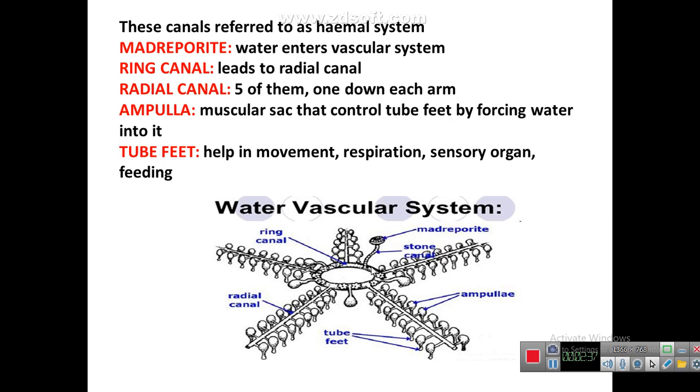From the stone canal, water will enter into the ring canal. From the ring canal, the canal moving into these arms is known as the radial canal. Attached to the radial canal are structures known as the tube feet, the upper part of which is known as the ampulla.